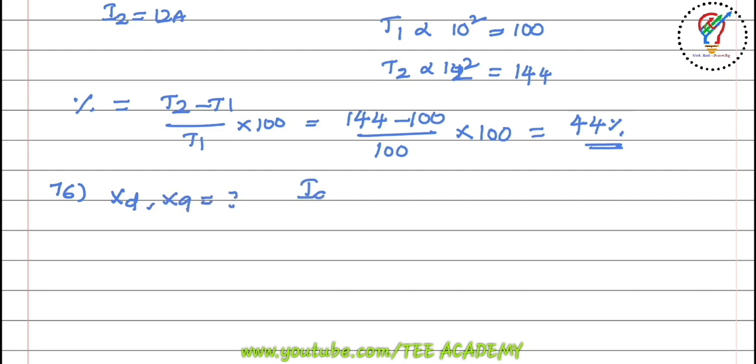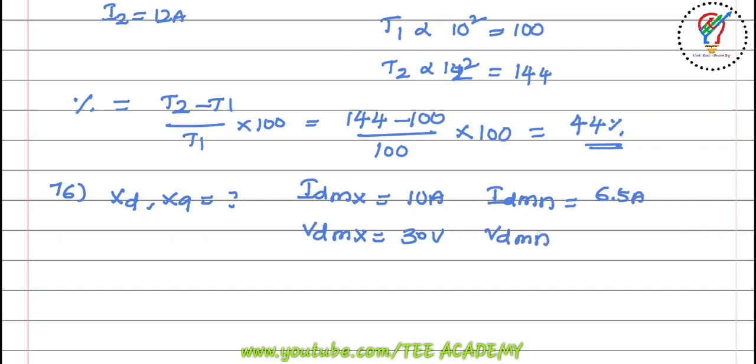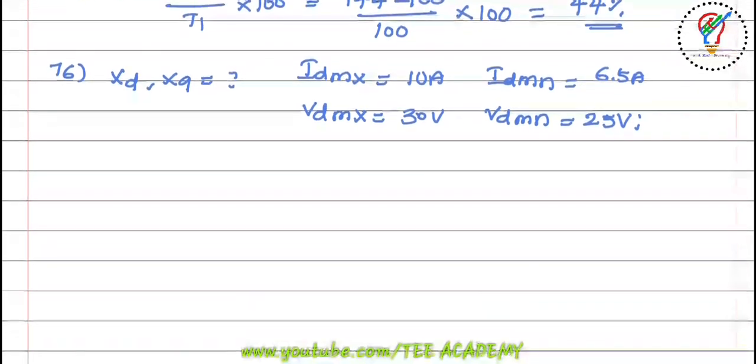The data given is ID max, which is 10 amperes, VD max, which is 30 volts, ID minimum is 6.5 amperes, and VD minimum is 25 volts. Now we need to calculate XD and XQ. So the basic simple formula here is XD is equal to V max by I minimum.